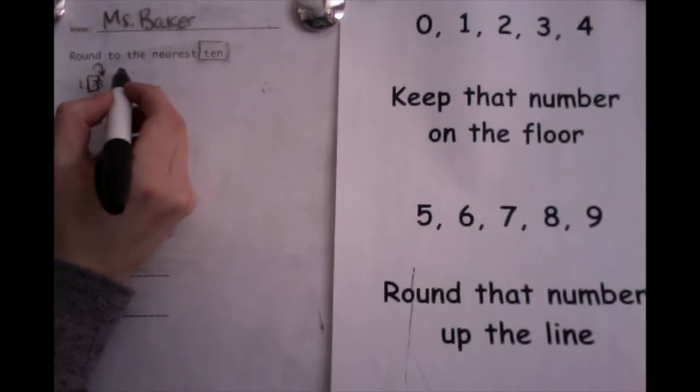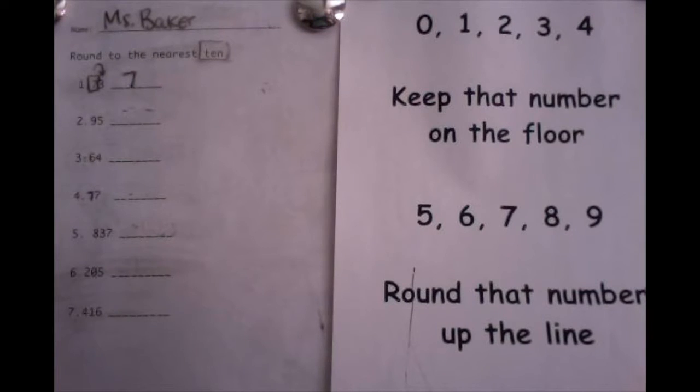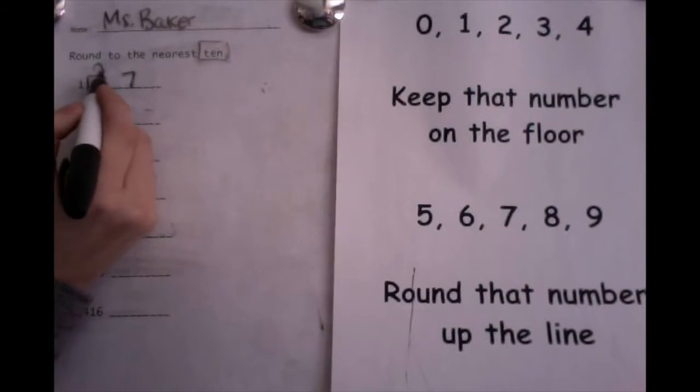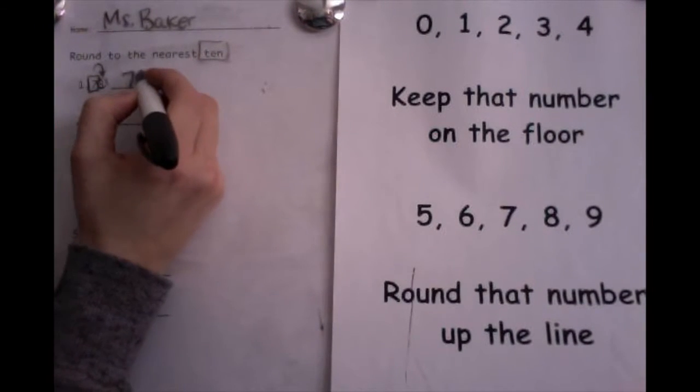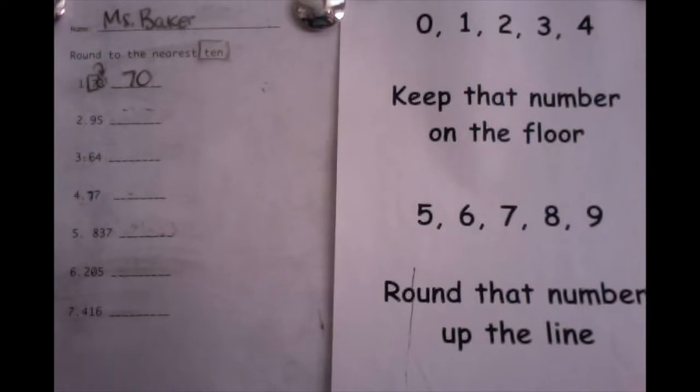Let's go ahead and keep our tens place the same at 7. And now our ones place is going to change because anything that comes after this number is going to change to a 0. So let's put a 0 in our ones place. The number 73 rounded to the nearest 10 is 70.